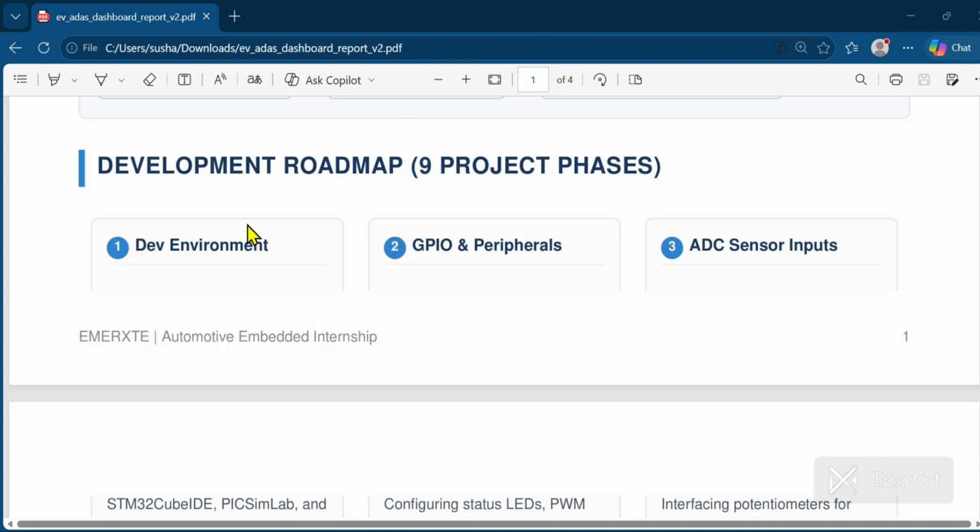Now this complex system was made through 9 phases. First, phase 1, the dev environment: stabilizing our environment, STM32CubeIDE, and fixing the lab. Phase 2 and 3 involve configuring GPIOs, status LEDs, and ADC samplers.